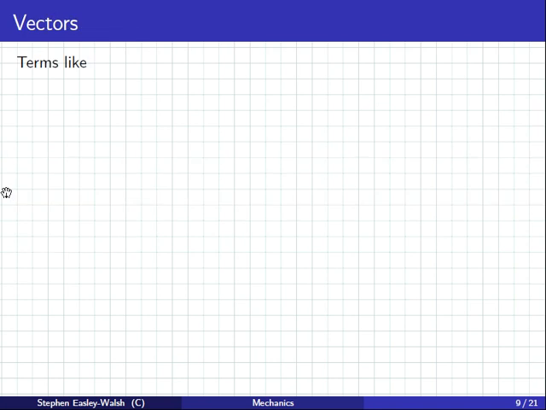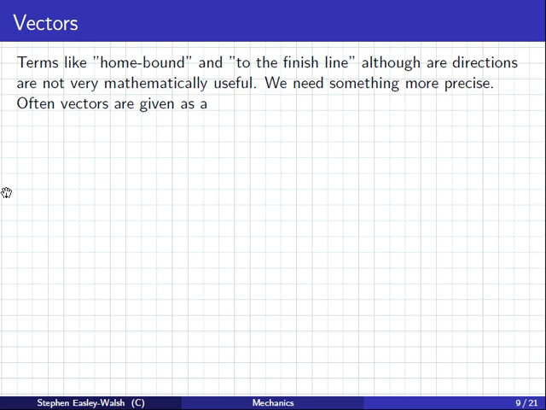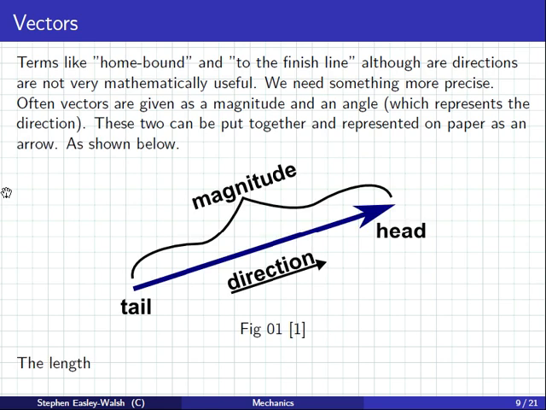Now, terms like homebound and to the finish line, yeah, they're directions, but they're not very helpful. So we use vectors, we use diagrams that help us with vectors. We can represent a vector basically as an arrow. So this here is a picture of a vector.